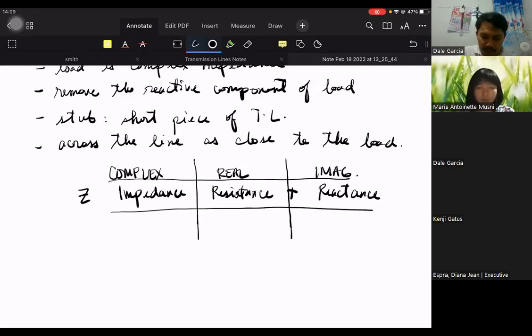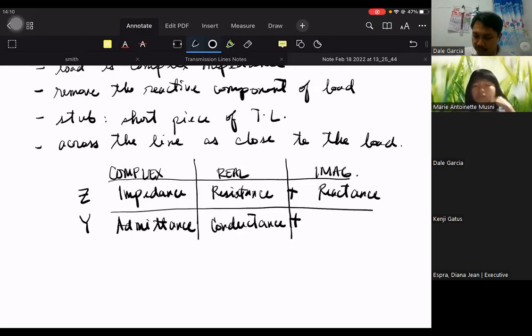The reciprocal of impedance, denoted by the letter Y, is called admittance. I don't know who first assigned these names, but we'll just accept them. Admittance. The reciprocal of resistance is conductance. And the imaginary part of admittance is the susceptance.